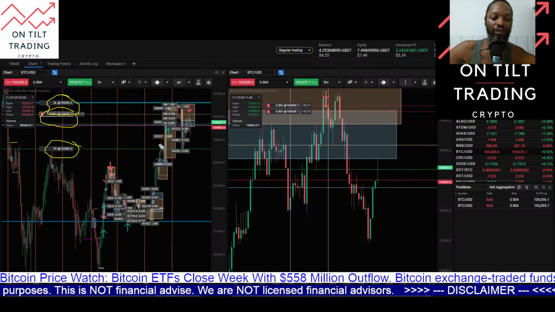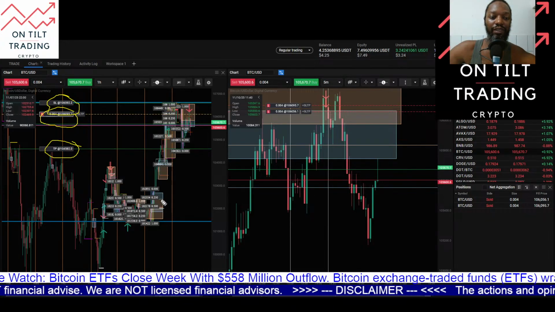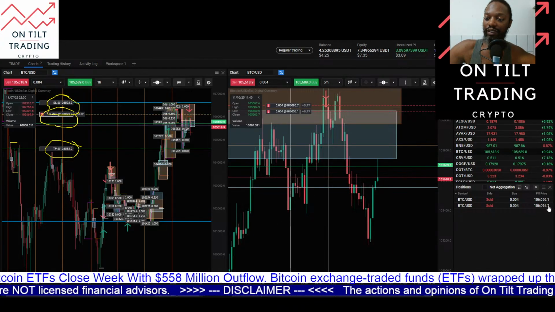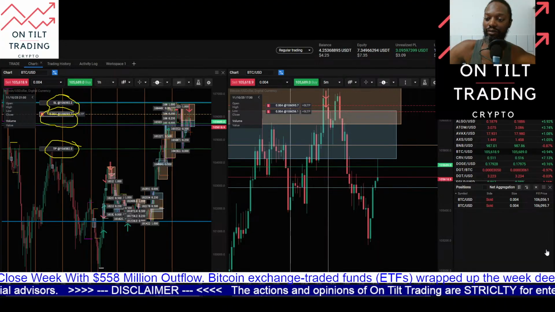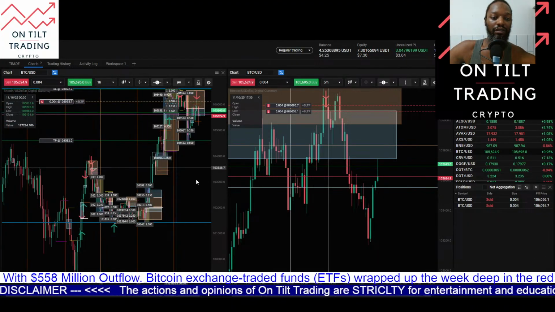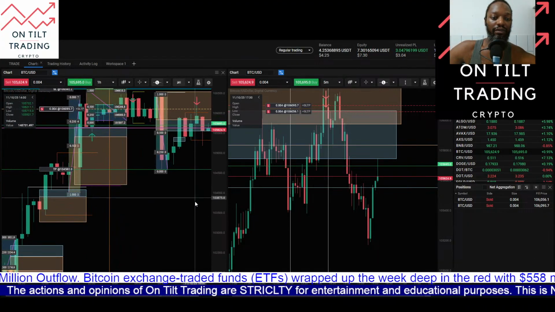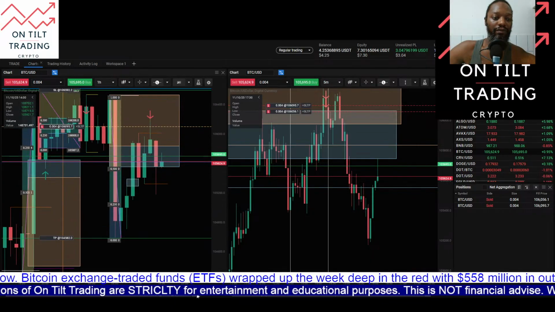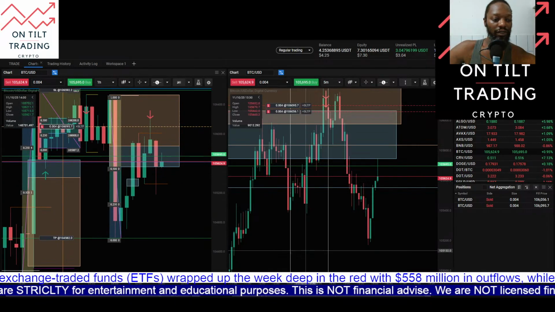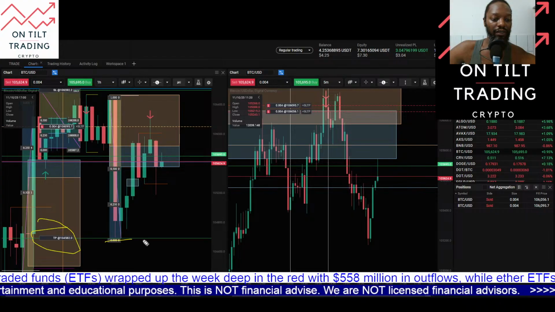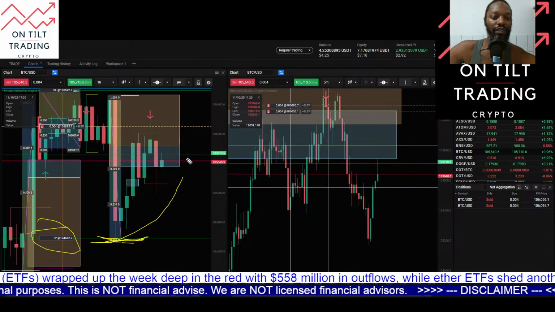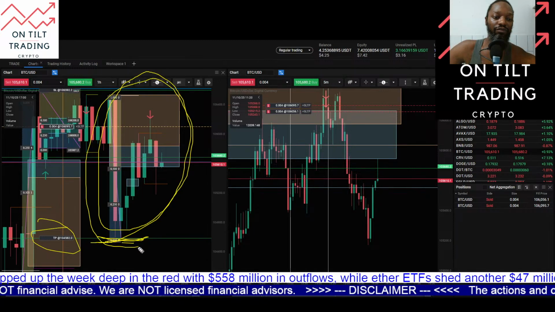And I'll zoom in on the target, but it is simply the swing low of the current price action. So if you see here, take profit is just the swing low of the current 60-minute range here.